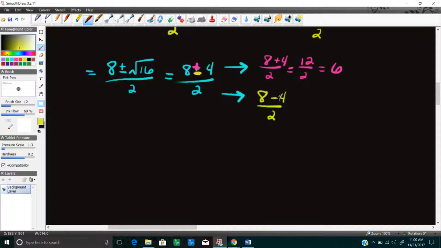And 8 minus 4 is 4. 4 divided by 2 is 2. So our solution set for this one is going to be 2, 6.